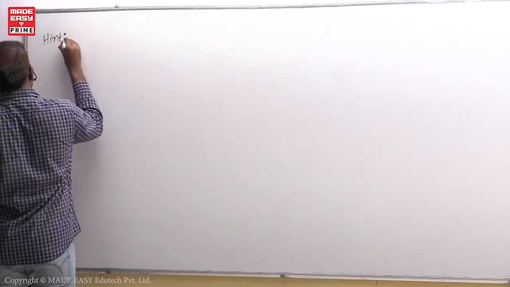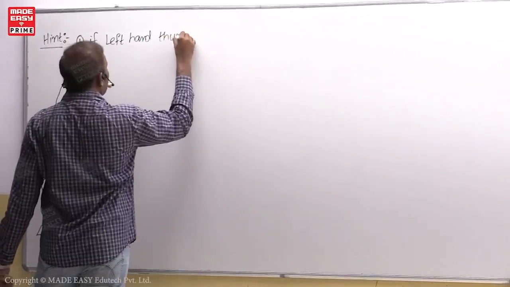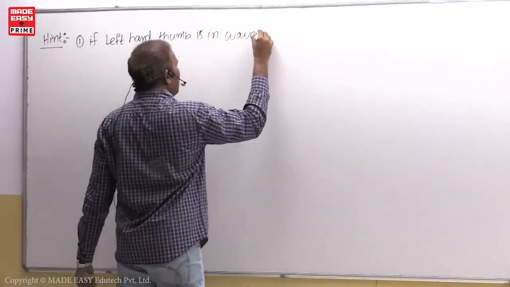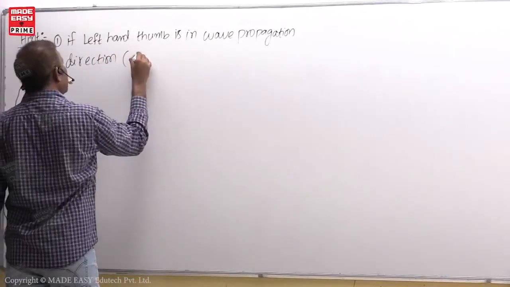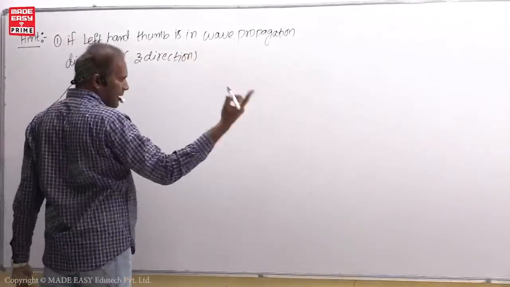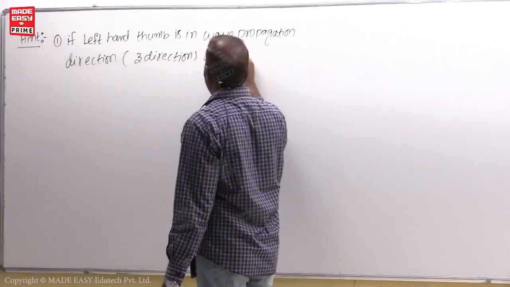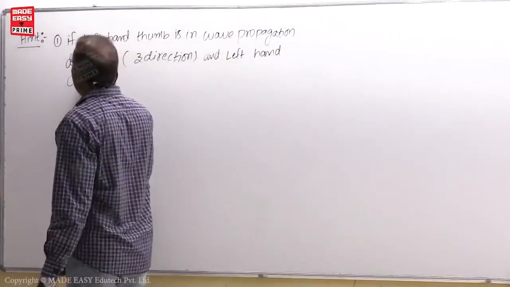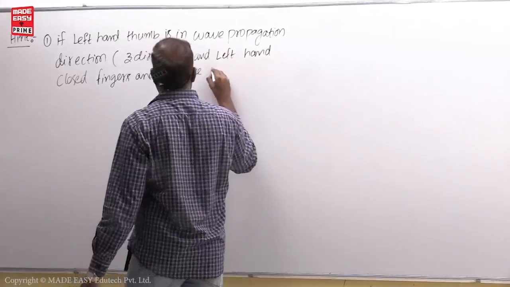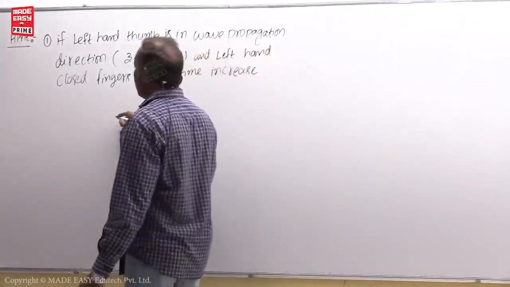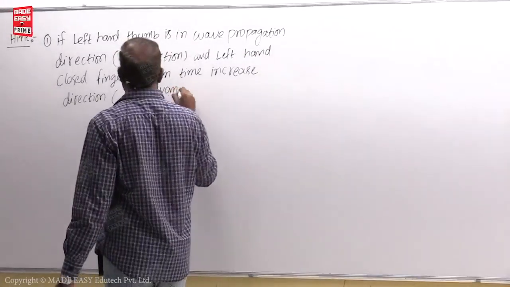Hint for you: if the left hand thumb is in the wave propagation direction, of course in this case the Z direction, and the left hand closed fingers are in the time increase direction, this time increase is also called time advance.